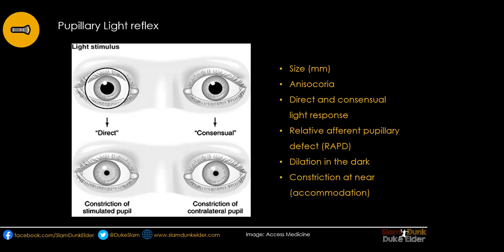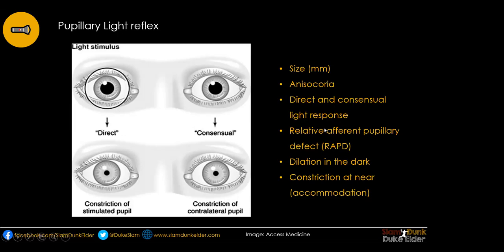It's completely normal, it's completely benign, and generally in these cases, the difference will be less than 0.5 millimeters, and the difference in the asymmetry of the pupils in light and in dark will be the same, so it won't change. You'll also document the direct and consensual light response.